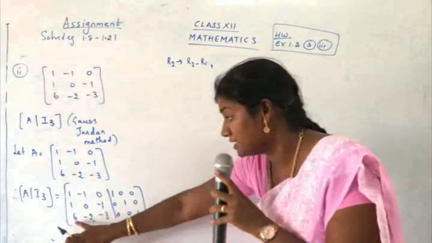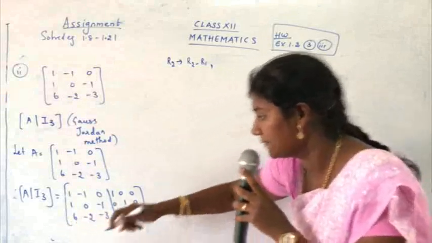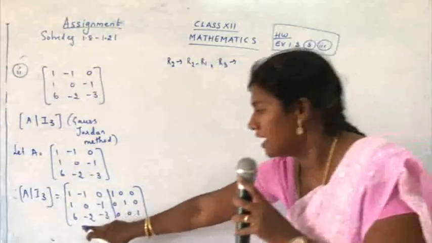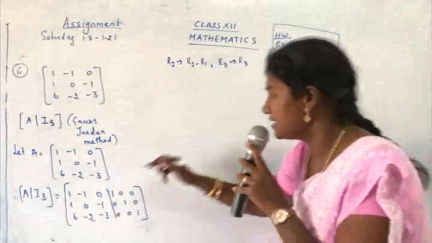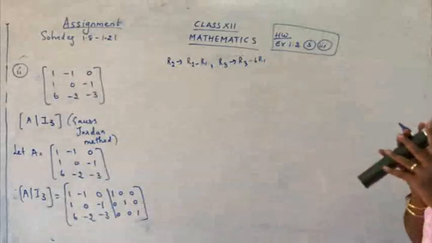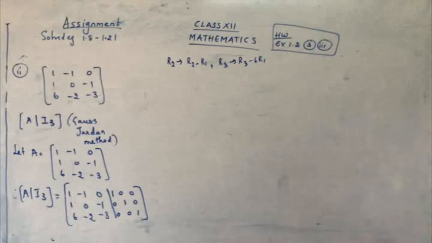The first element is 6. But what do we need here? 0. And how are we going to change this? Yes, R3 changes to R3 minus 6R1. We have done this type of transformations in our previous sums. So just have a glance at your previous sums and let's continue our sum.